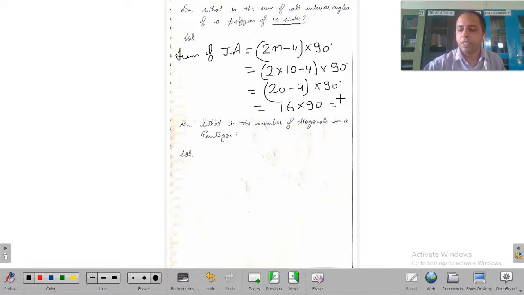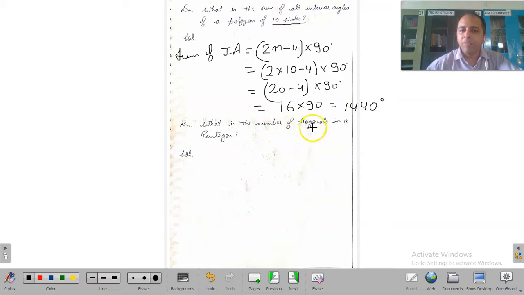So it is 16 multiplied by 90 degrees. If you calculate this value, it will be 1440 degrees. So what is the sum of all interior angles of a polygon with 10 sides? It is 1440 degrees. Okay, let's move ahead.